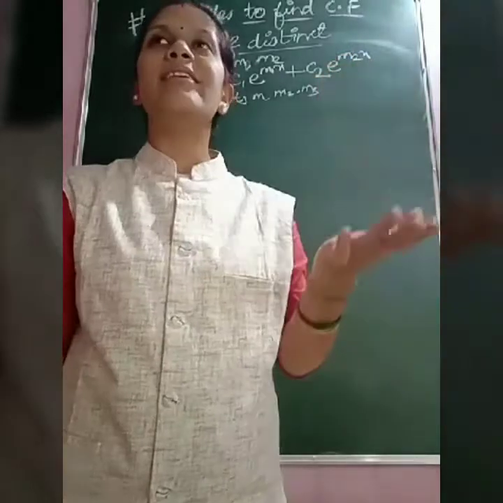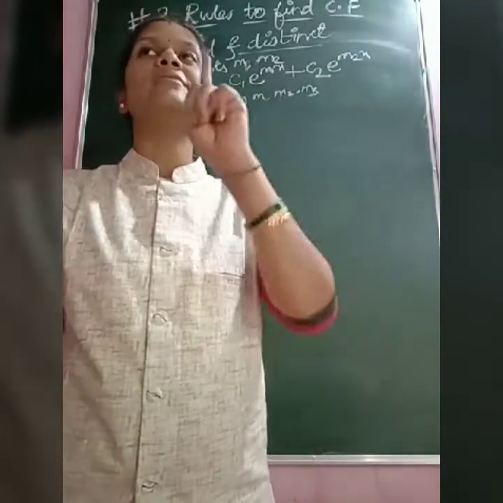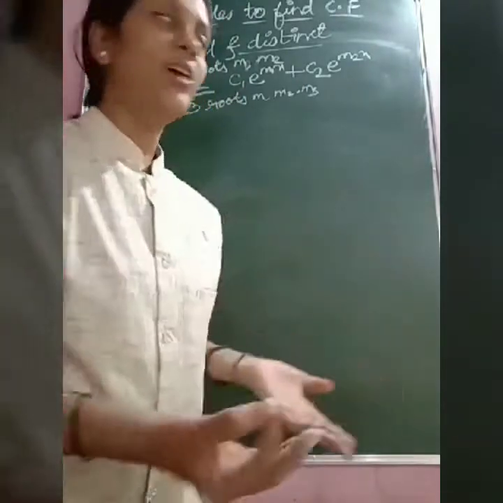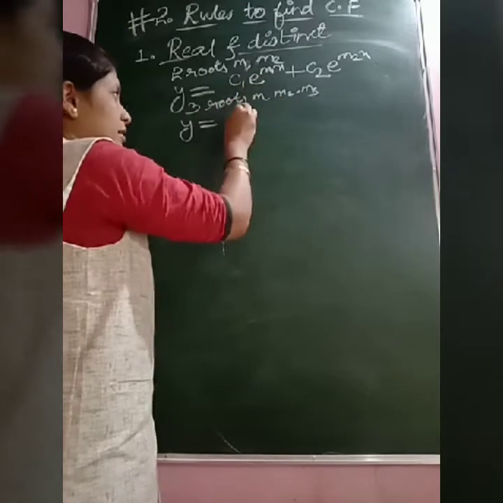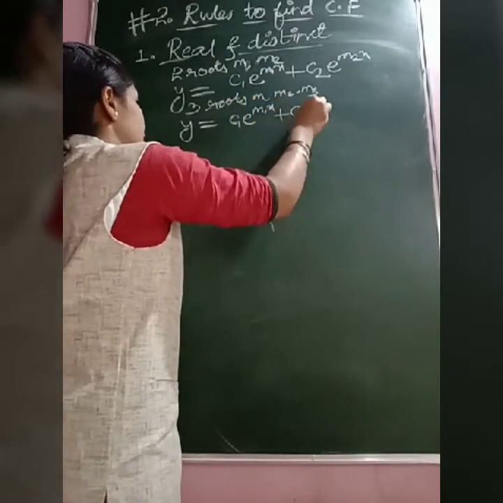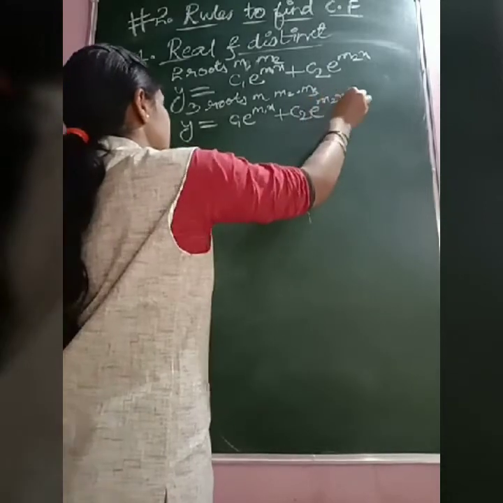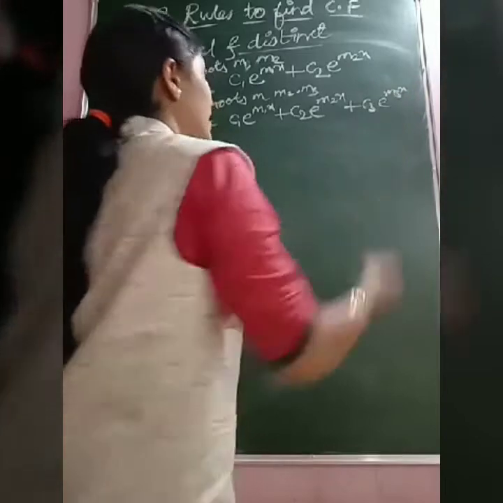Then our CF will contain three constants C1, C2, C3, and the form is the same: y equal to C1 e raised to m1x plus C2 e raised to m2x plus C3 e raised to m3x.